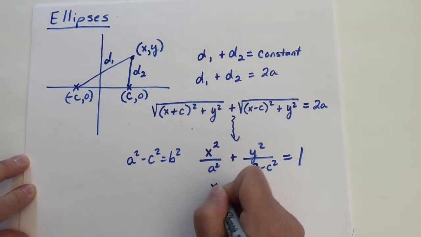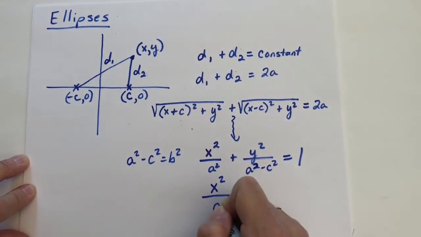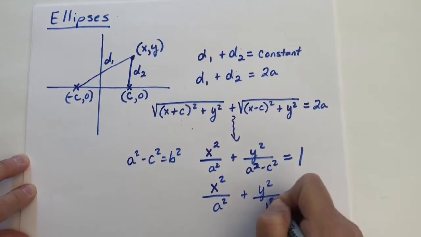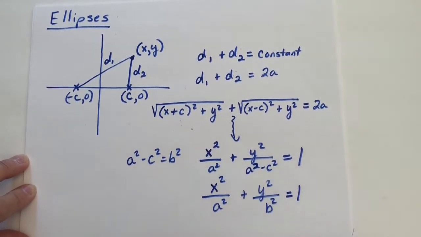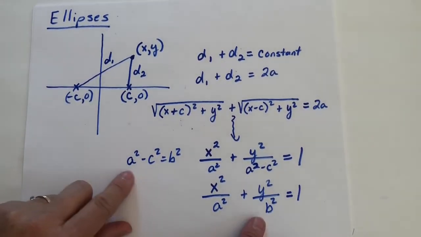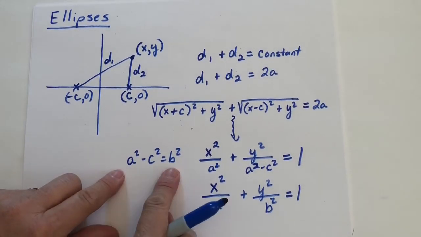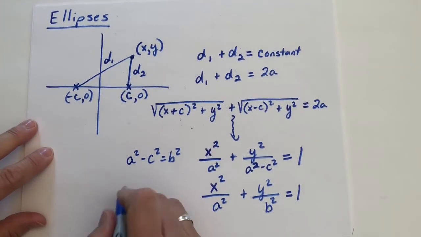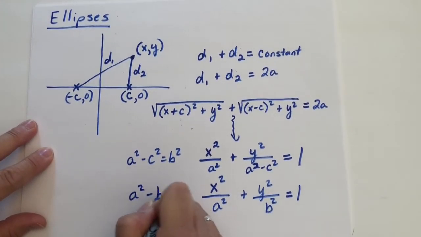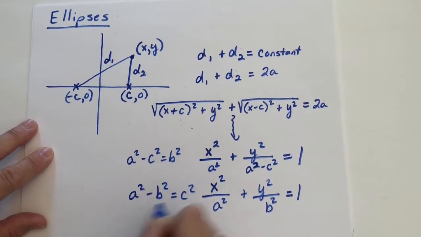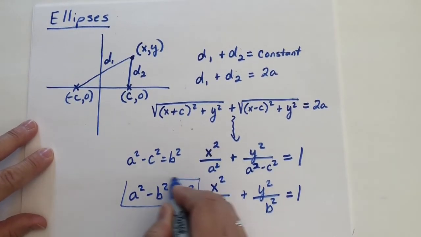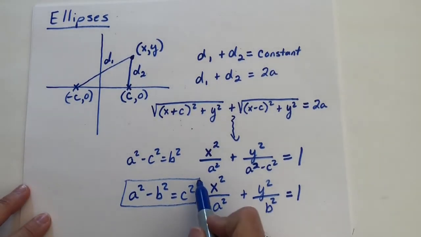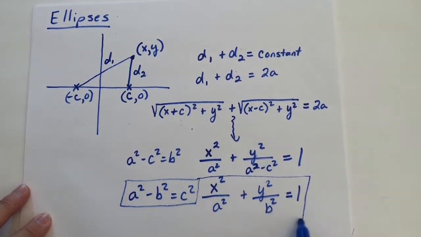So we have x squared over a squared plus y squared over b squared equals 1. With this relationship between a, b, and c, I prefer to rearrange it so that I have a squared minus b squared equals c squared. So here's the relationship between a, b, and c, and here's our equation of our ellipse.